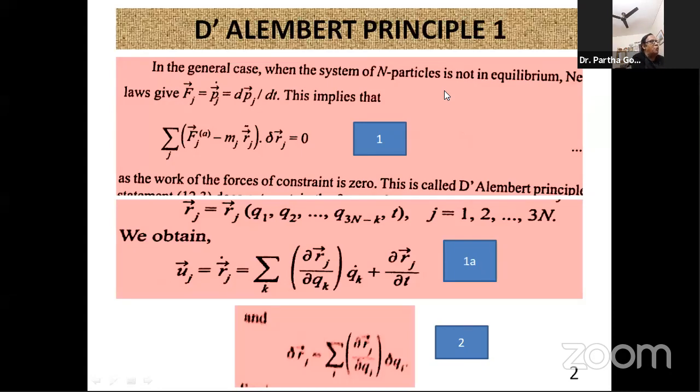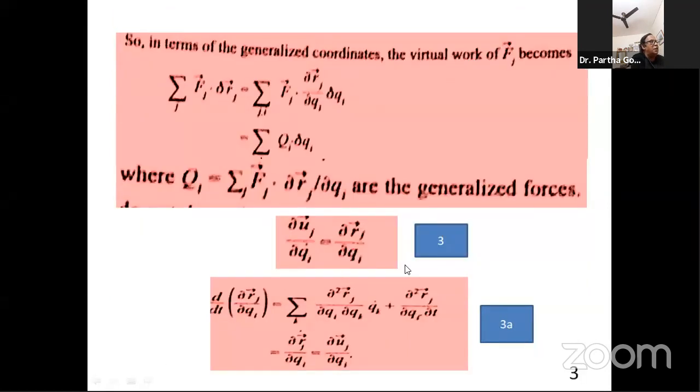I now go to the third slide, and refer to the term we have in the D'Alembertian equation, which is a variant of Newton's law.